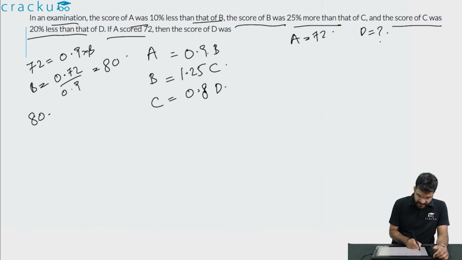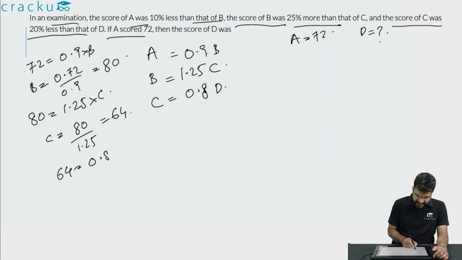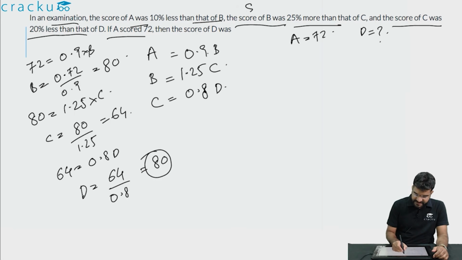Now 80 is equal to 1.25 into C, or C is equal to 80 by 1.25, which is equal to 64. Now 64 is equal to 0.8 into D, or D is equal to 64 by 0.8, which is equal to 80. So the answer in this case is 80.